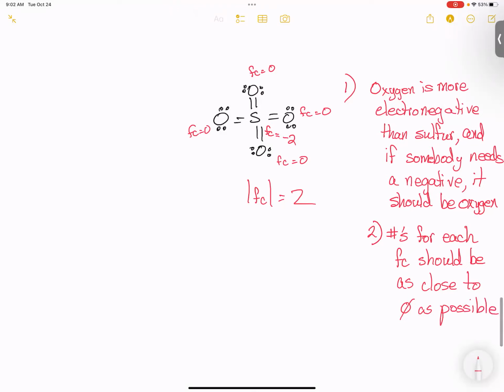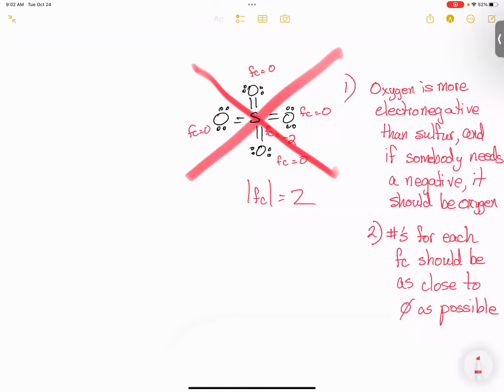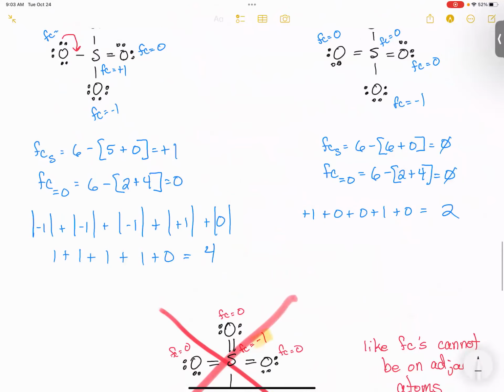So that structure really is problematic because of two reasons. So this one would not be valid either. So going back to what is valid. Let me see how I had it listed there.